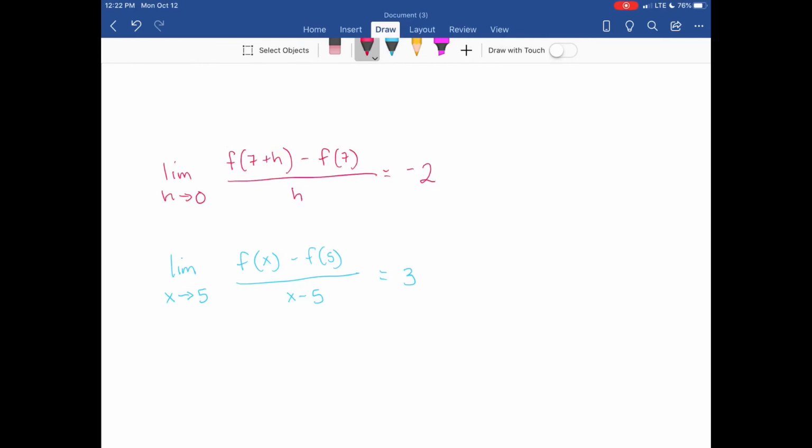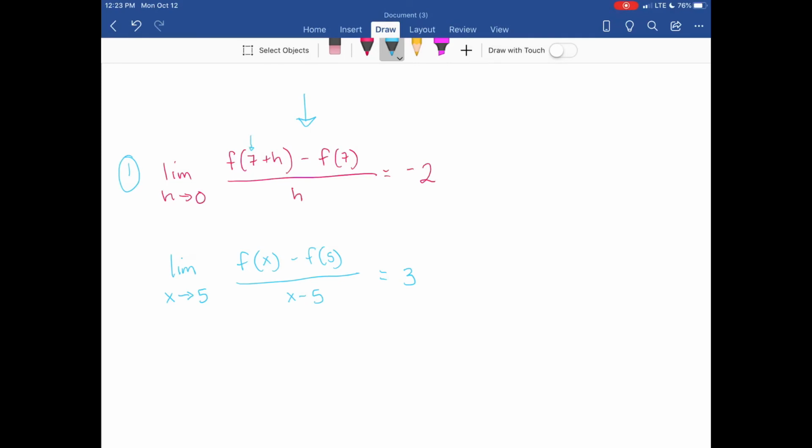So for example, if I were to see this first statement, the limit as h approaches 0 of f of 7 plus h minus f of 7, all over h, equals -2, I know that this is the limit definition of a derivative. So it's the derivative at what x value? 7.